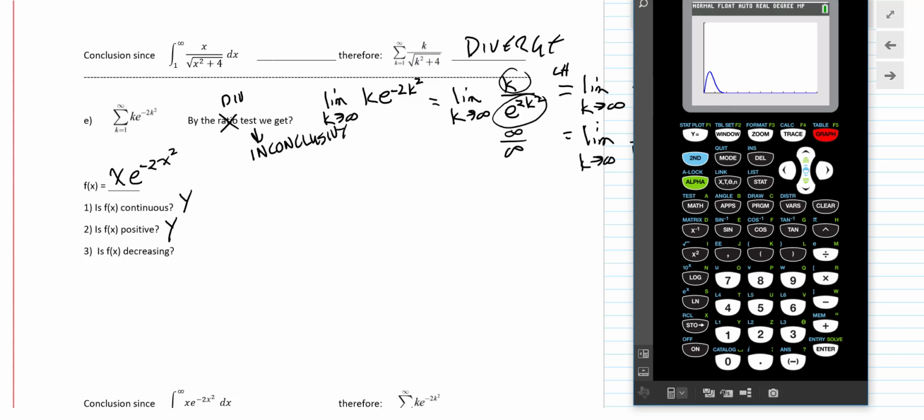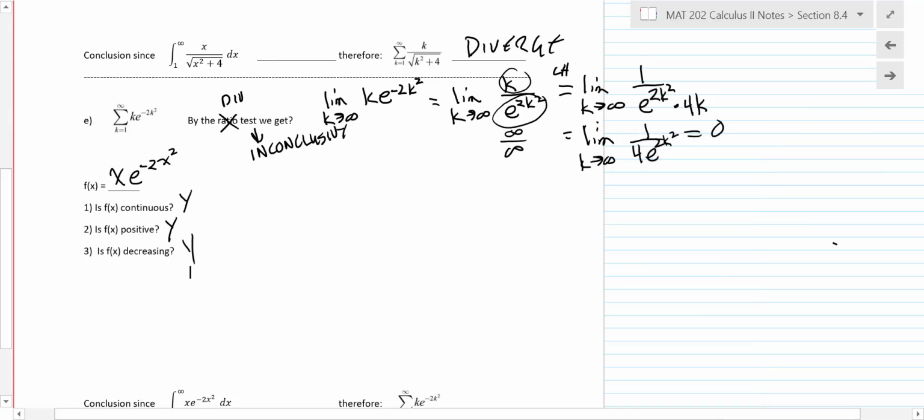If you were to zoom in on this a little bit, you would find that all the terms are positive because they're always above the x-axis. It does increase for a little bit, but once you're past 1, which is where the series begins anyway, it decreases. So I'm just using the technology to verify that without getting too technical with the calculus.